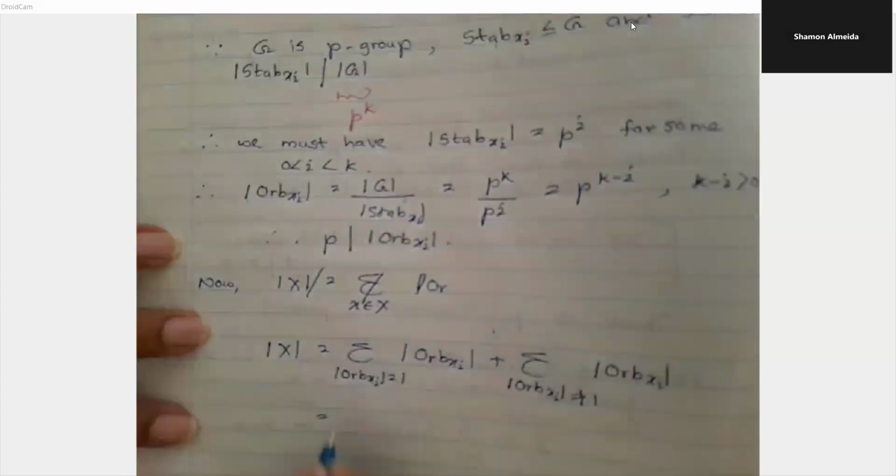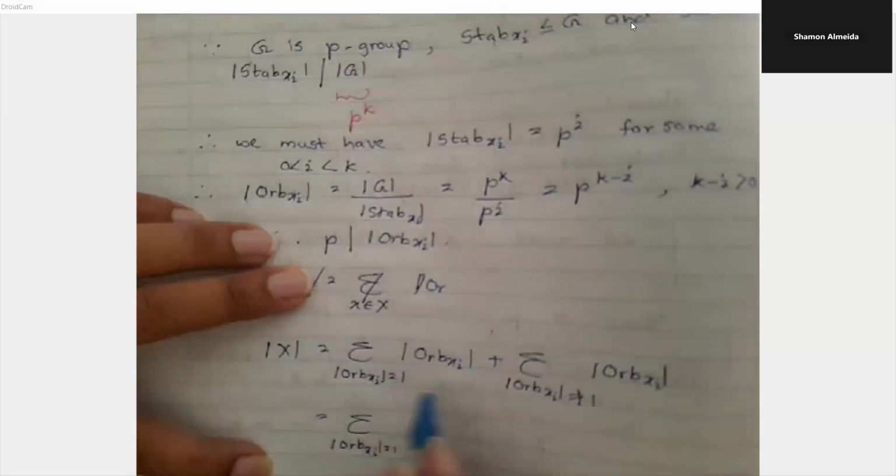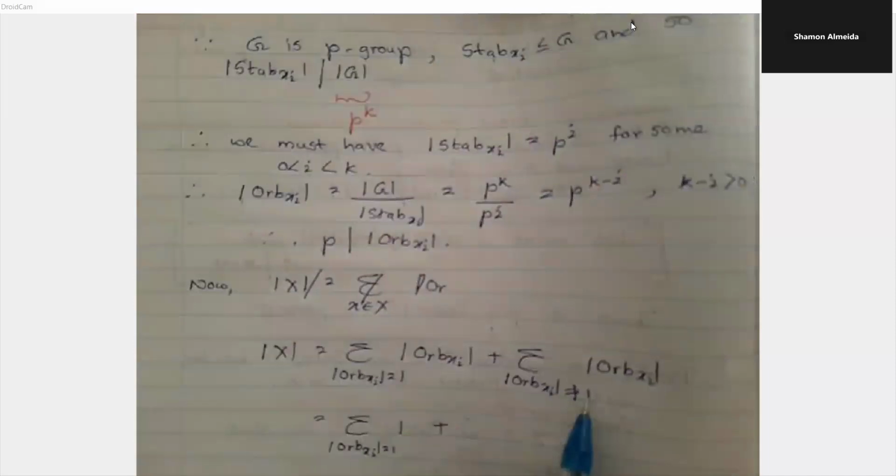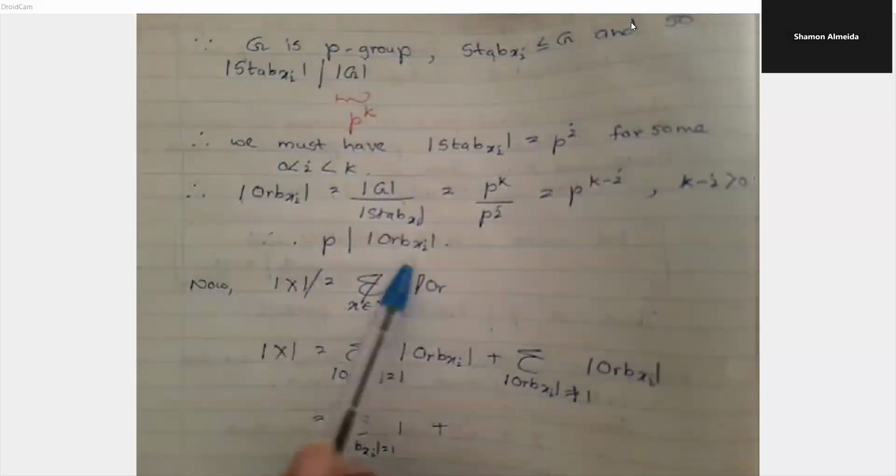Right? So this first part will simply be replaced by 1, because in this summation we are simply collecting all the orbits whose orders are 1. So in this summation each term is 1. Plus, when the order of the orbit is not equal to 1, we have shown that p divides its order.